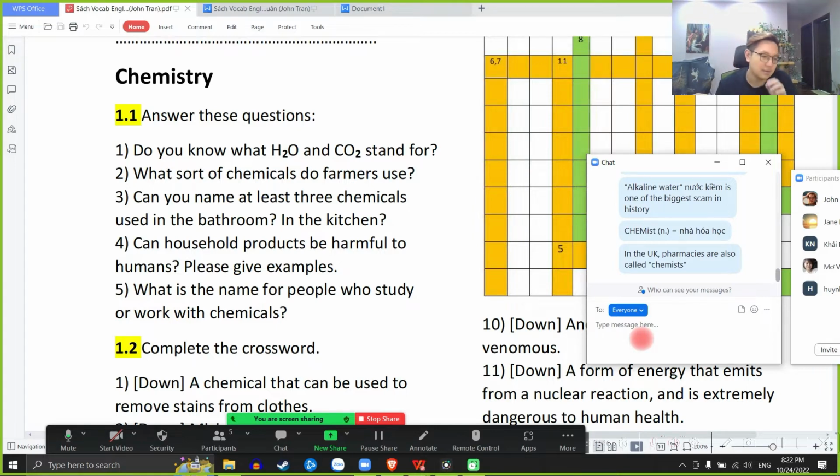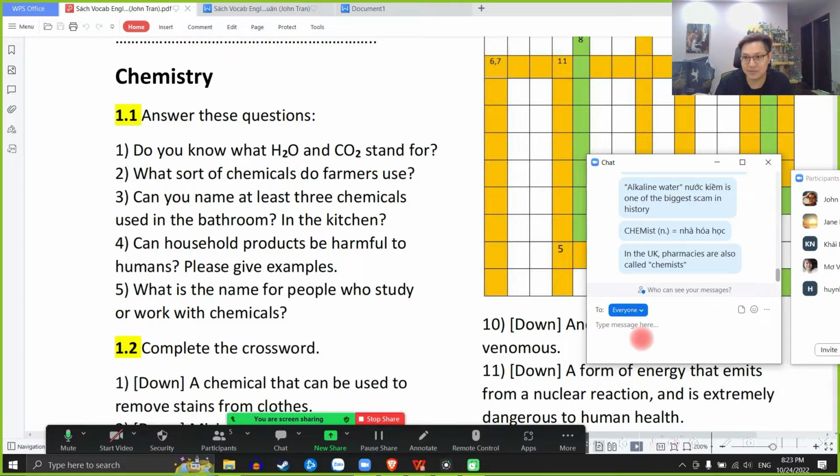Because in the past, the doctors or people who know science could mix chemicals to make drugs to cure diseases, and people came to those people. Of course, they studied chemistry, they are chemists, and they could mix drugs for patients too. So people come to chemists to take drugs, to take pills.